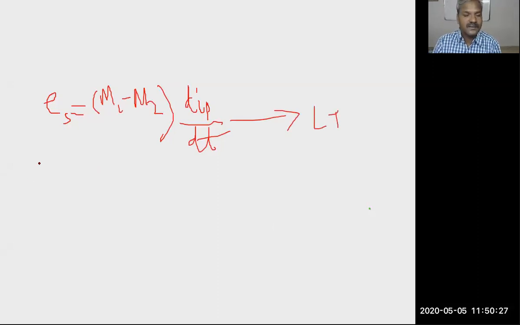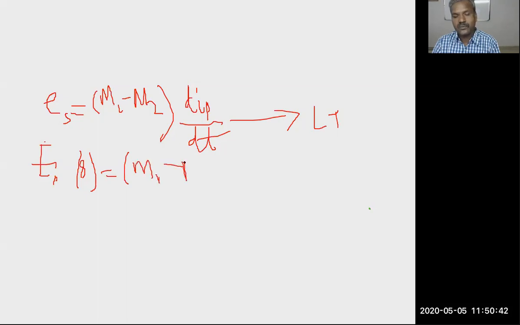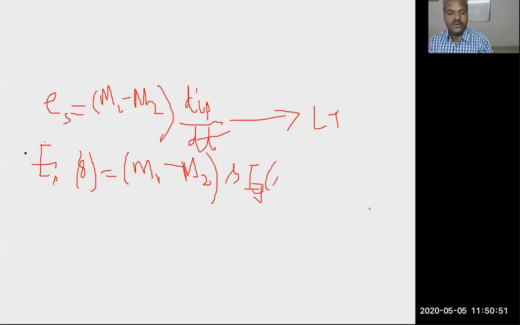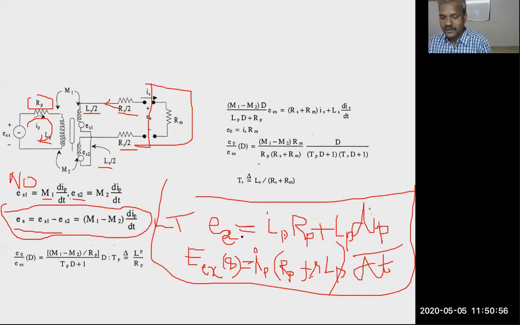ES of S equals (M1 minus M2) into S IP of S. We already know this IP of S, capital IP of S, because we have taken the Laplace transform.